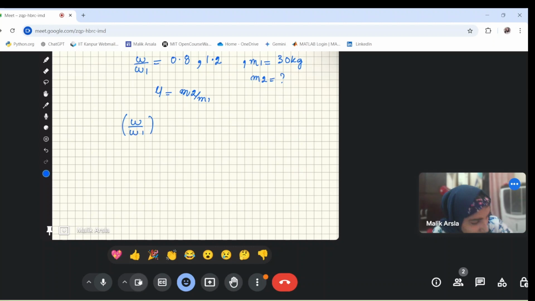Plugging in the first equation, it implies 523.598 square into 6, and it comes out to be 1643.24 kilonewton per meter. So this is the value of K2.